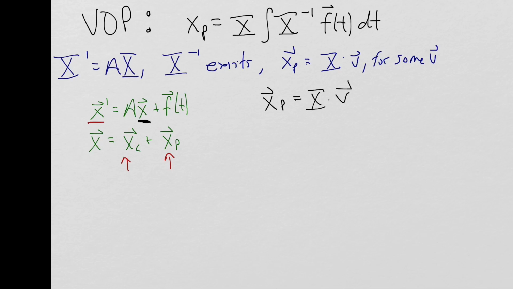Then I can find xp prime by taking the derivative here. What operation do I have right there? Multiplication. Oh, let's use the product rule. So what's that? X prime times v plus X times v prime.